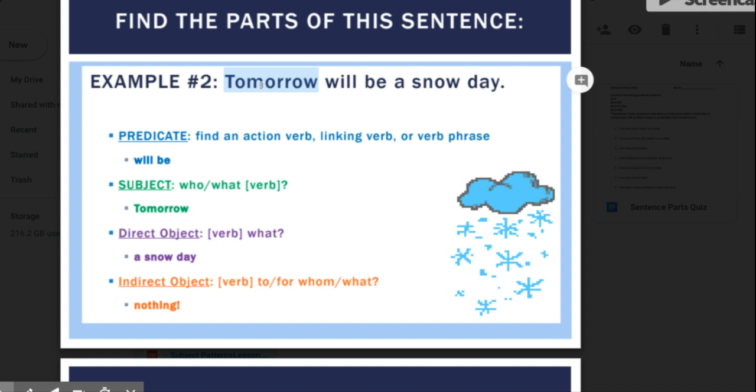So I've got my subject, my verb. Now I ask myself, what? Tomorrow will be what? It will be a snow day. Okay, so I've got my direct object. The last thing I can ask myself is to or for whom? Will be for who? Well, that doesn't really have an answer, so that means I don't have an indirect object, and that's okay. I don't have to have one.